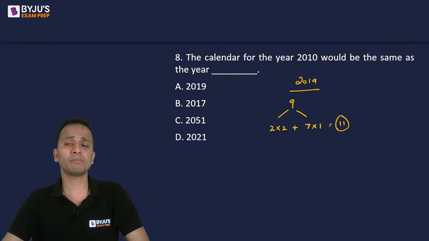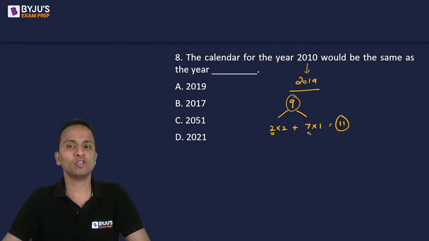So 11 is not a multiple of 7. Hence, it will not be the answer. So 2010 से 2019 पे गए. Total 9 years, out of which 2 are leap years, 7 normal years. Corresponding to leap year, I've added 2. Corresponding to a normal year, I've added 1. 2019, a total of 11 odd days. So it is not a multiple of 7. Hence, it will not be the answer.